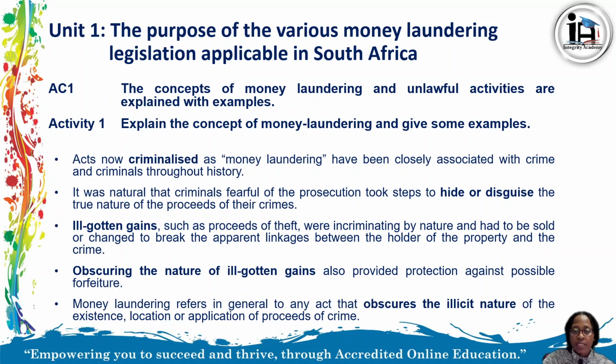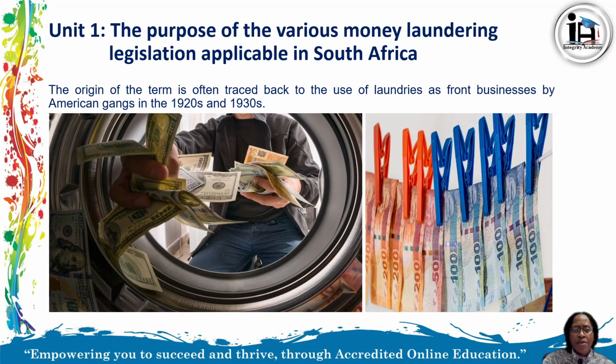Money laundering refers in general to any act that obscures the illicit nature of the existence, location, or application of proceeds of crime. The origin of the term is often traced back to the use of laundries as front businesses by American gangs in the 1920s and 1930s.